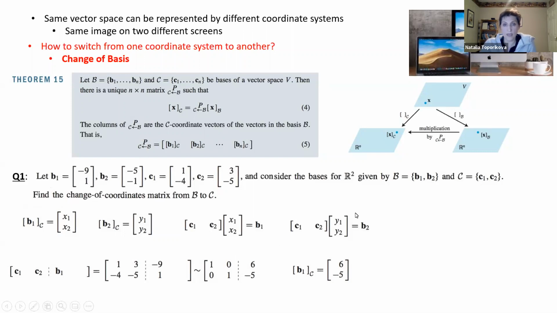Now let's go ahead and find the vector B2, for which we need to solve another equation, but it's the same matrix equation. The right-hand side B2 is different, but the matrix is exactly the same. We can go ahead and do the same calculations, but why? We can just augment our system with another vector. So instead of just vector B1 on the right-hand side, we can put B2 right next to it.